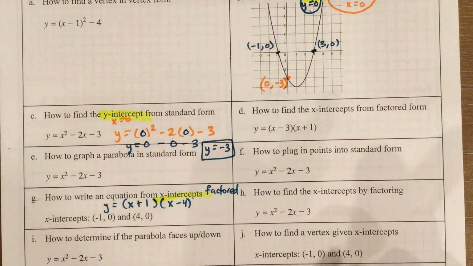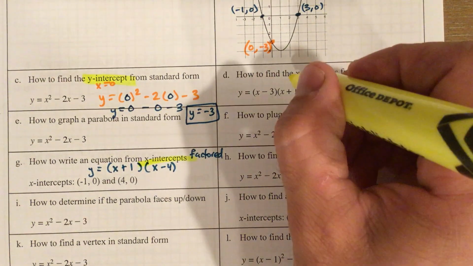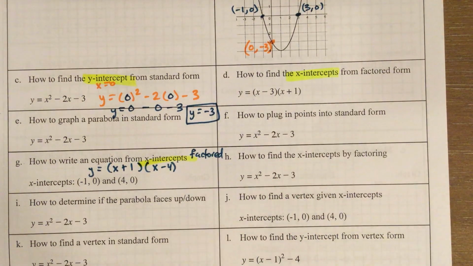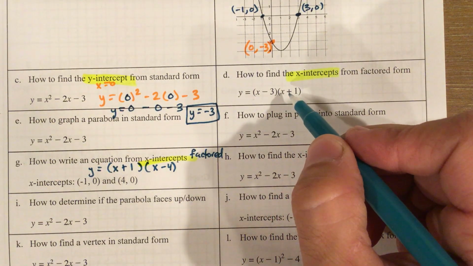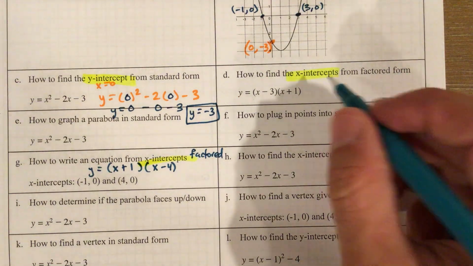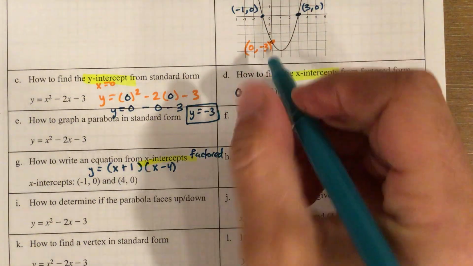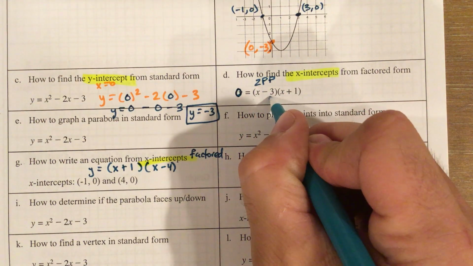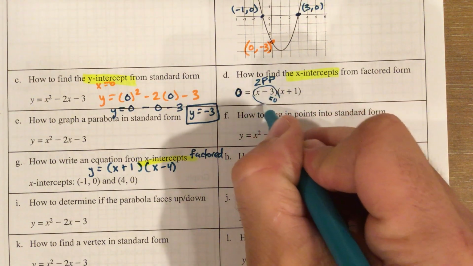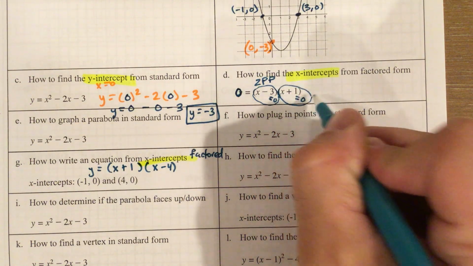Okay. Continuing on, moving on over here, they're asking for x-intercepts again. And this is the other way around. This time they're giving us factored form, which is pretty nice because in factored form, it's pretty easy to get x-intercepts. We just have to say y is 0, and then the zero product property tells us we can set this guy equal to 0, and we can set this guy equal to 0, either one of them.